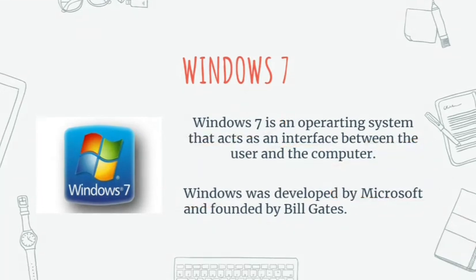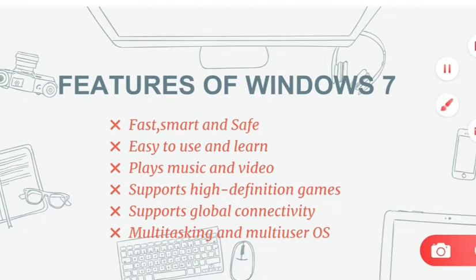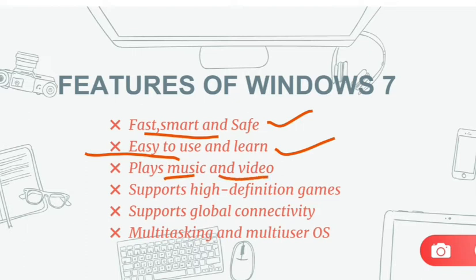Now let us see the features of Windows 7. The first feature is fast, smart and safe, means this Windows 7 is a very fast, smart and safe operating system. Easy to use and easy to learn because all the instructions in this Windows 7 are very easy to understand. In this Windows we can play music or video in a very simple way.